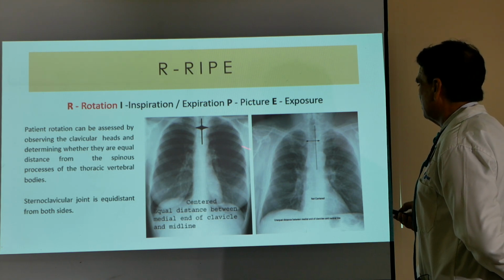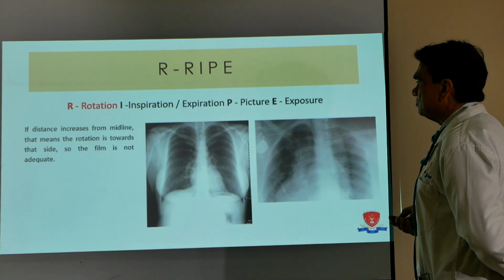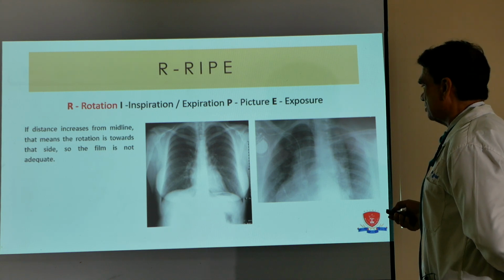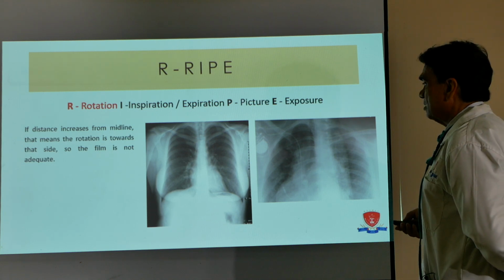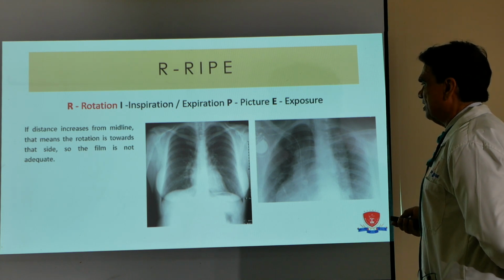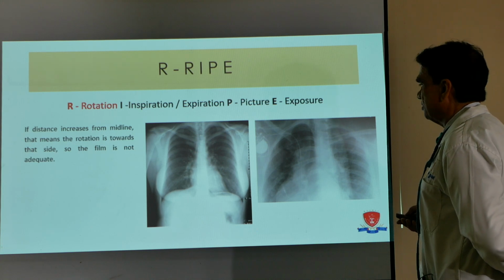These are the sternoclavicular joints. If the distance increases from the midline, that means the rotation is towards that side, so the film is not adequate. Then we will not say that the film is adequate.